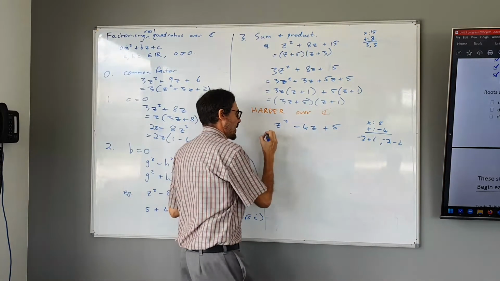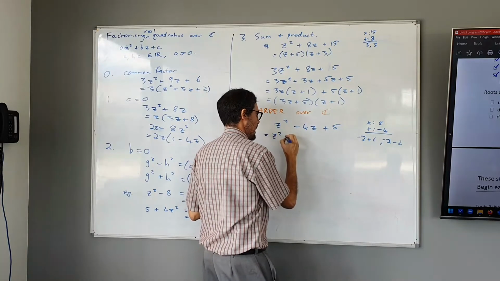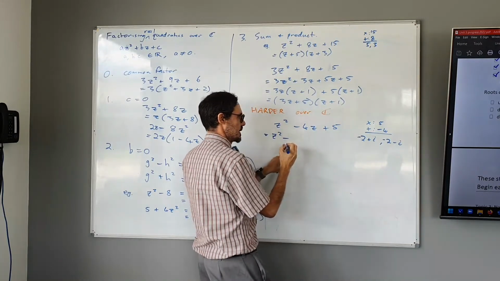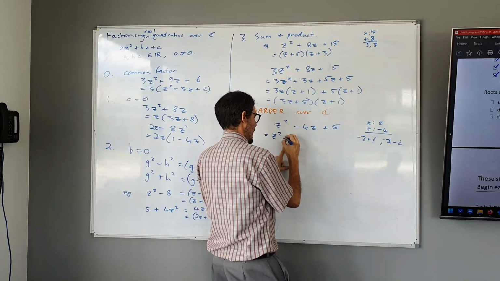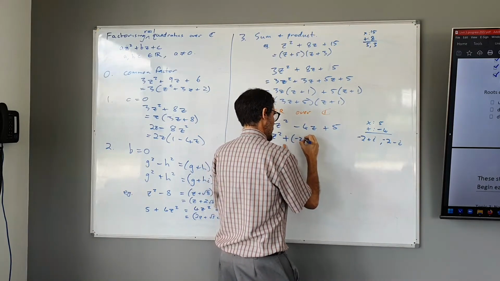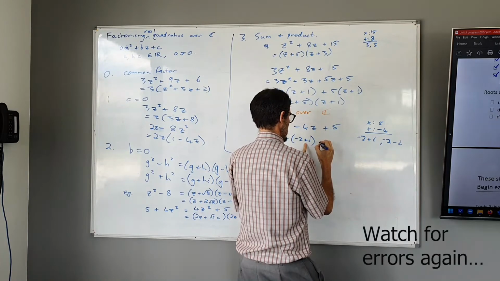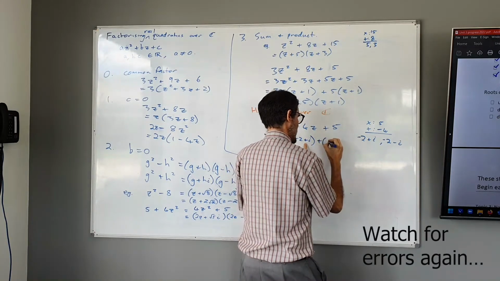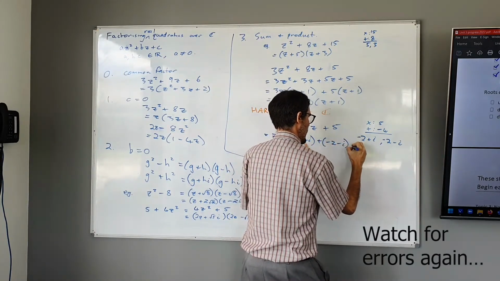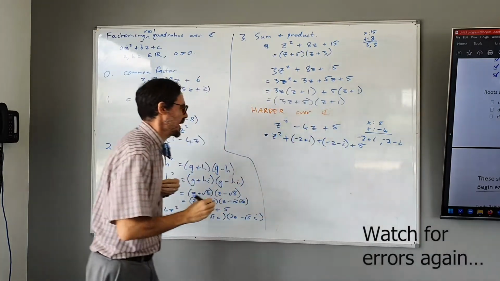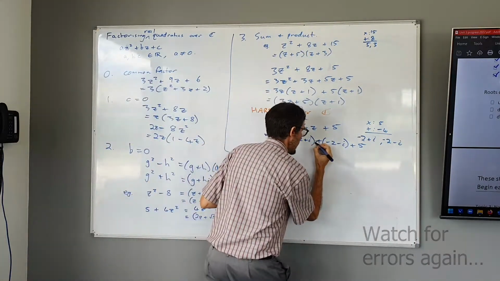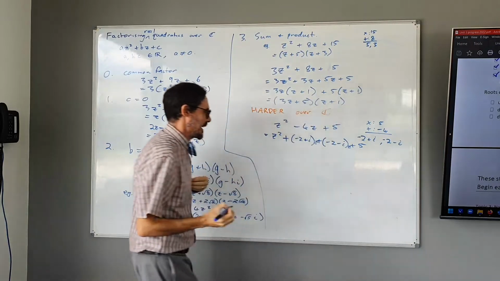You could then go, okay, z squared, plus minus 2 plus i, plus minus 2 minus i, plus 5. And you go, I can't, oh, I'm missing something, I'm missing a z. I can't factorise that.